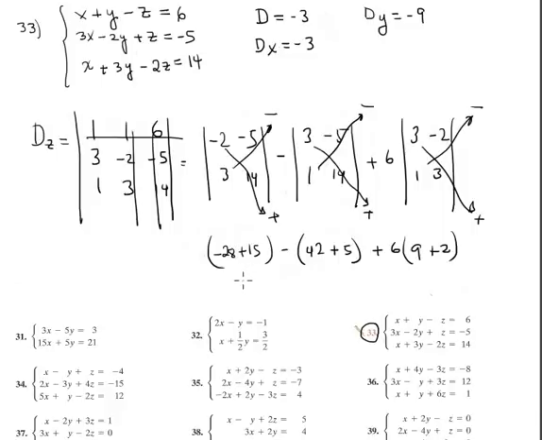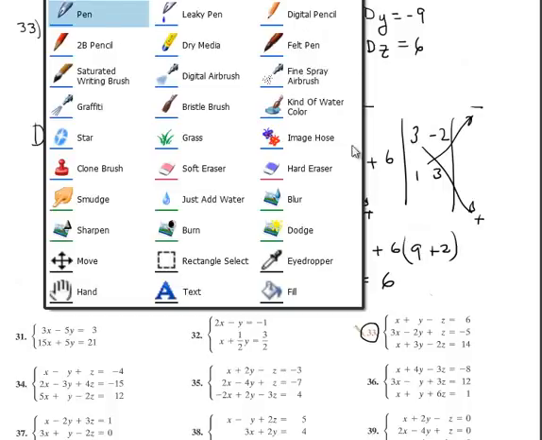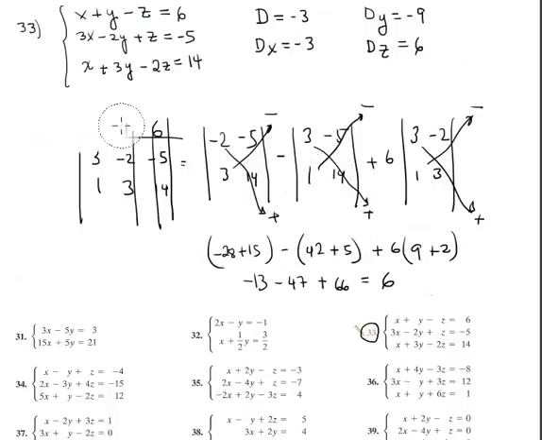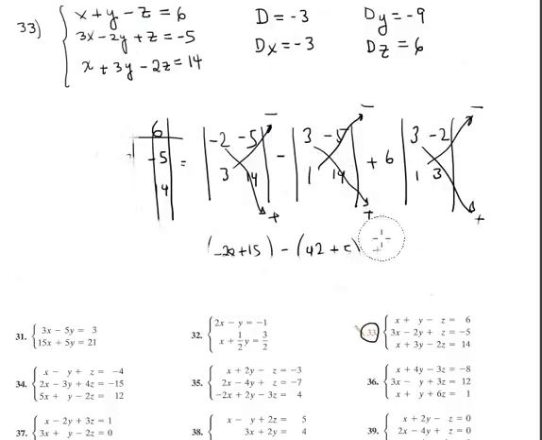This is negative 13. This is negative 47, and this is 11 times 6 is 66, and the answer is 6. Now dz is equal to 6. Okay. Now finally, apply Cramer's rule.